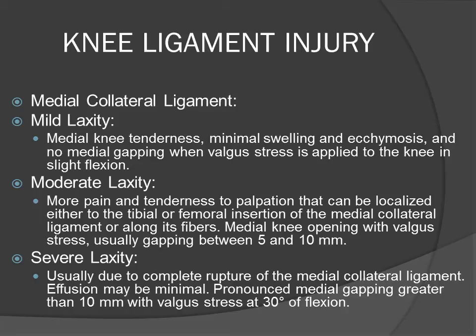Well, with complete rupture of these collagen fibers, now we're going to see significant medial joint gapping greater than 10 millimeters. And there'll be tenderness to palpation and generally effusion on the medial aspect of the knee joint.